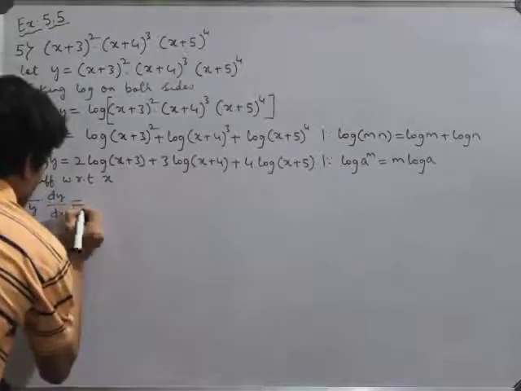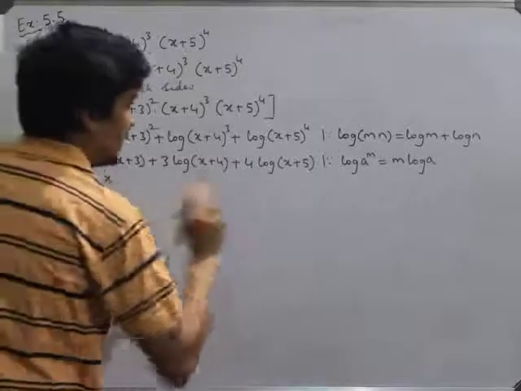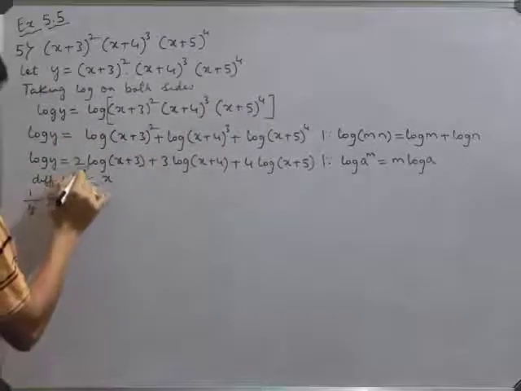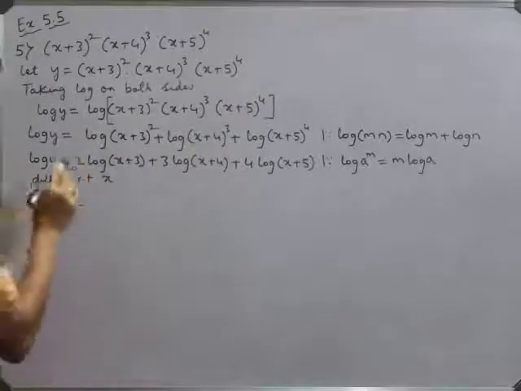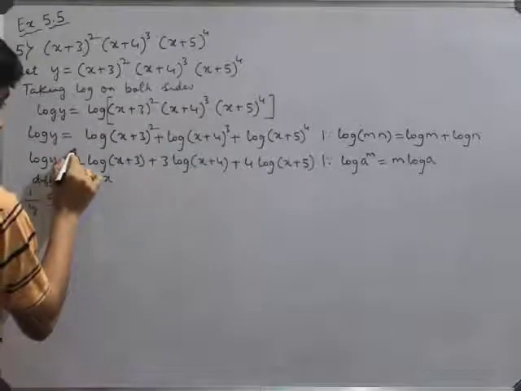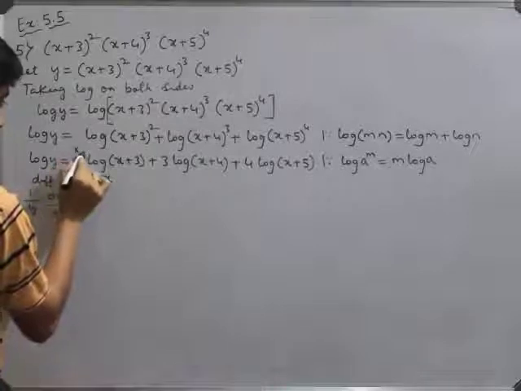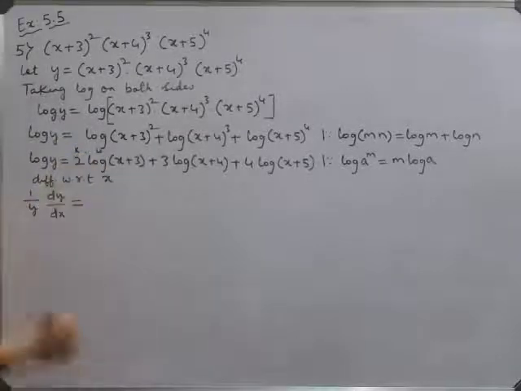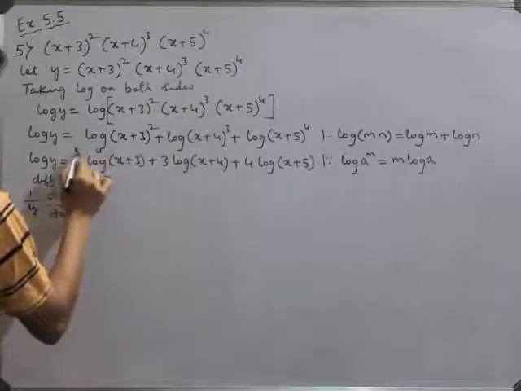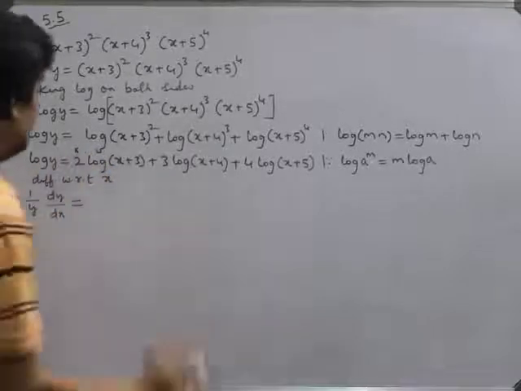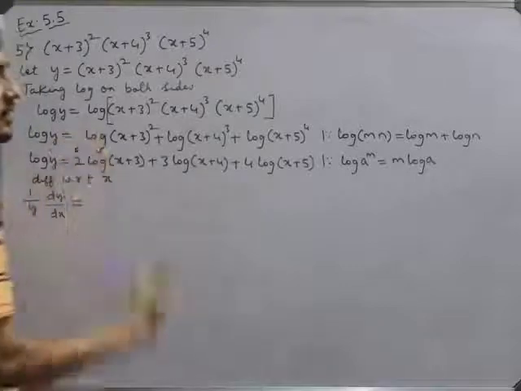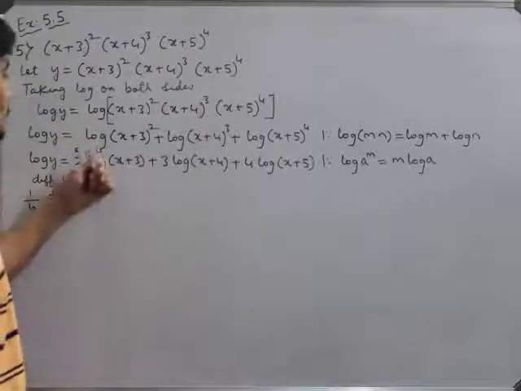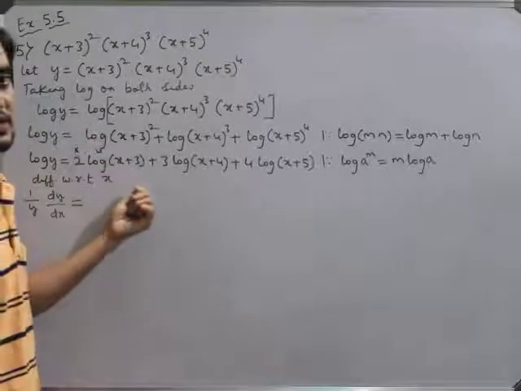This is equal to, now go on differentiating these terms. First one, 2 log of x plus 3. Look at this: this is a constant k into this function u. Differentiation of constant into function is constant into differentiation of function. Again go through the rules of differentiation.